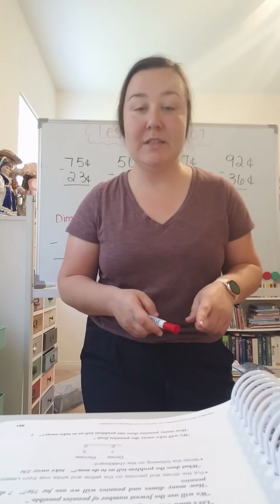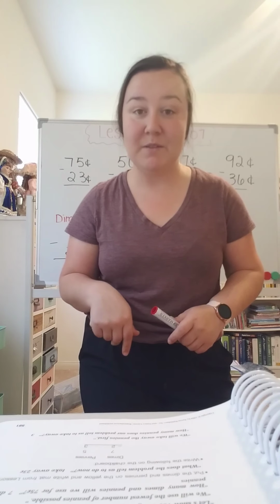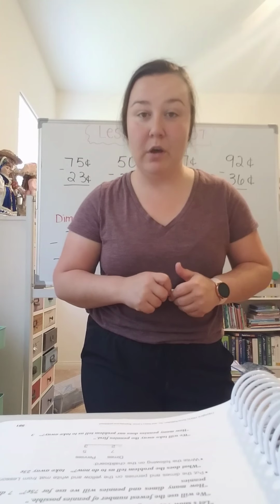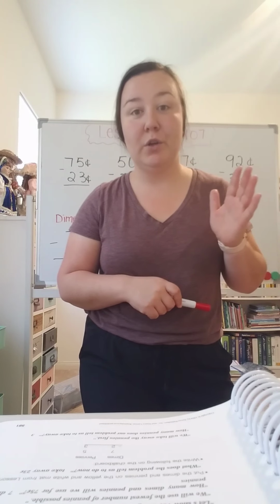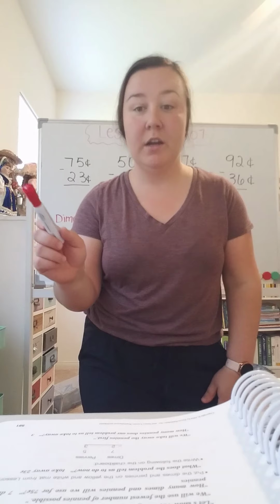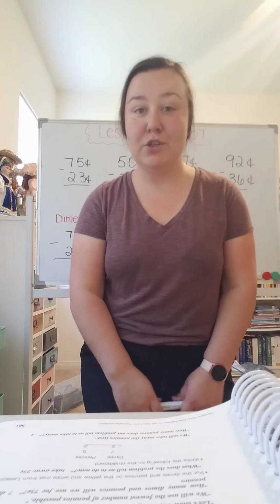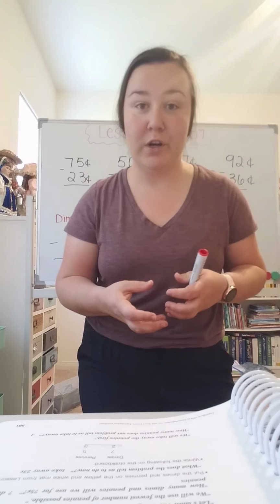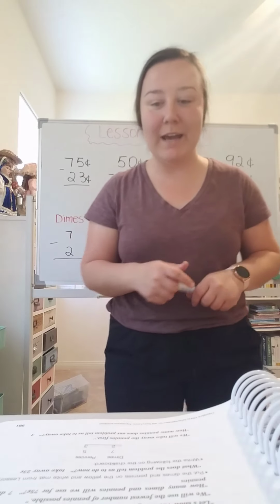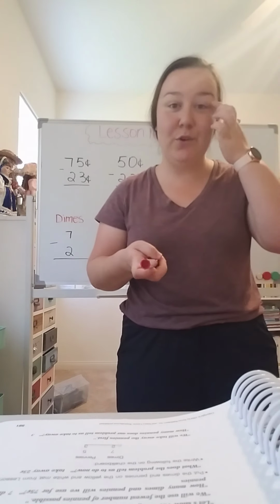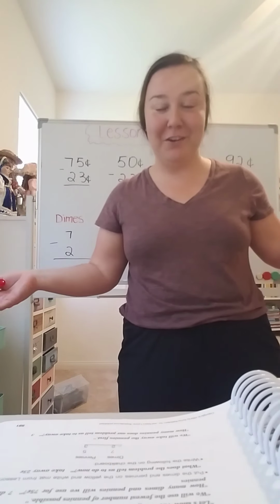Then submit that piece of paper on Google Classroom under lesson 107. So you'll be submitting that with your worksheet, all right? Okay, so that's for lesson 106, so we covered that.